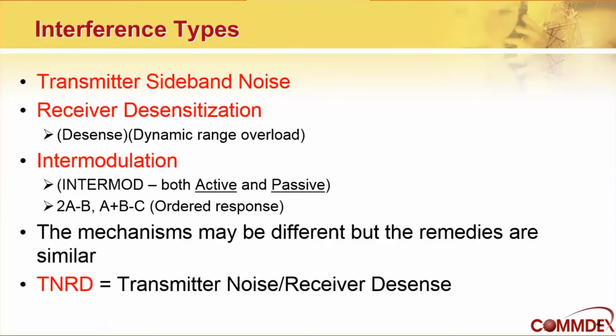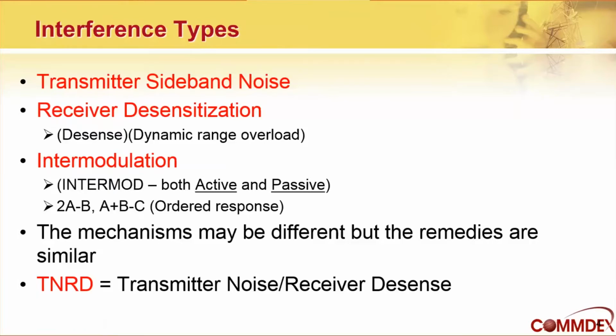Or it could be passive intermod, or PIM, meaning that it happens on some passive device that just provides a point where 2 or more signals can mix together and produce a third signal, which then interferes with our receiver. So intermod has a lot of different ways it can occur. You may hear terms like 2A minus B or A plus B minus C, and we'll explain what those mean, but those are different mechanisms of intermod.